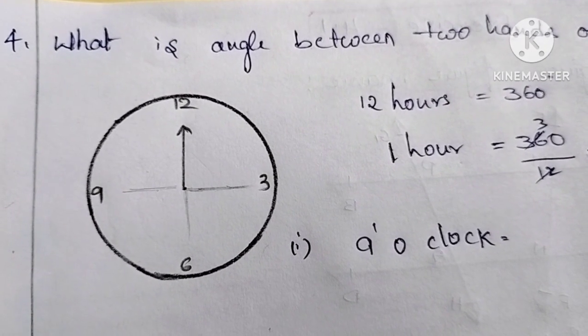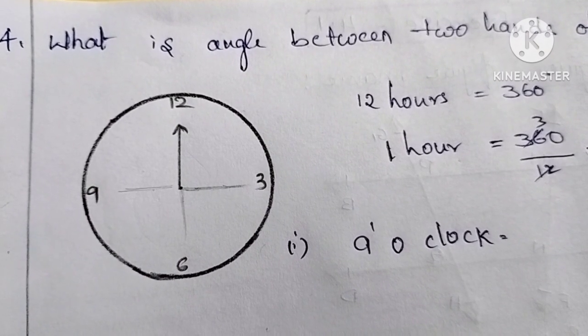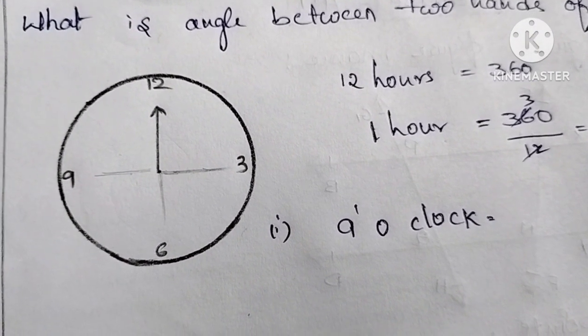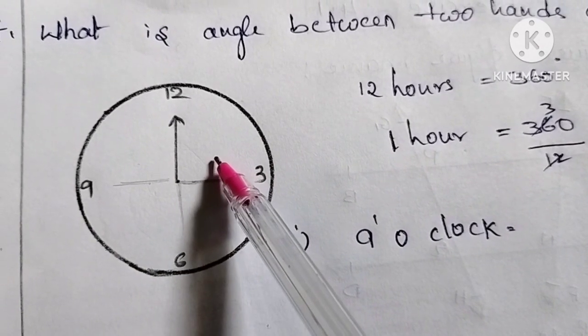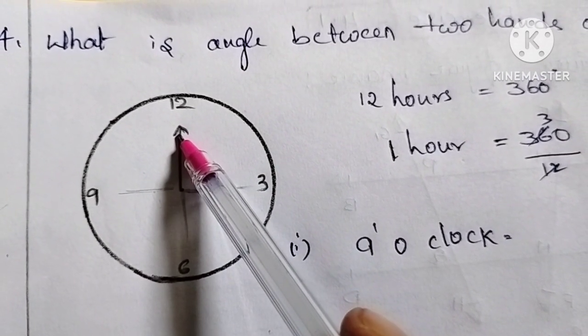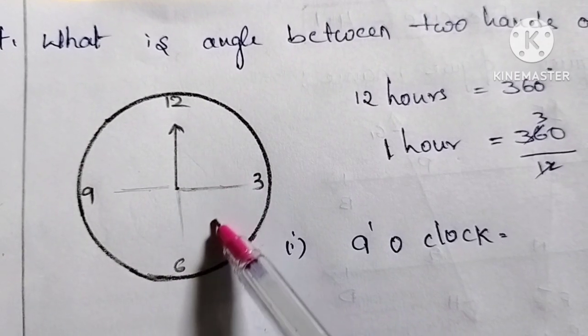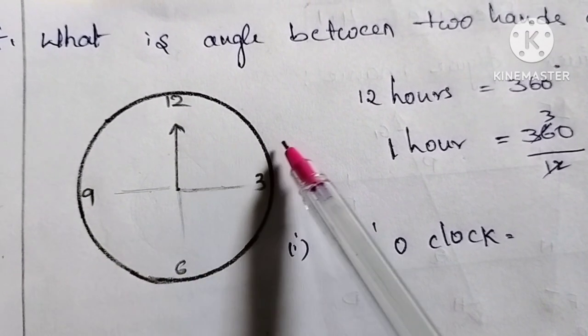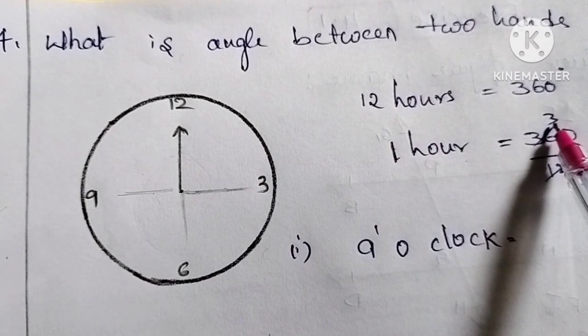In this problem we have to measure the angle between the two hands of a clock, that is the minute hand and the hour hand. They start rotation from 12 o'clock. For a full rotation it makes 360 degrees. So for 12 hours it is making 360 degrees.